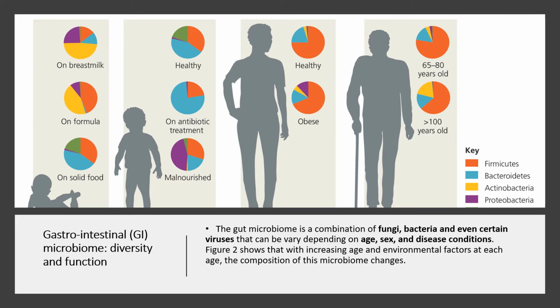The human gut microbiome is made of four phyla of bacteria. Two phyla, Firmicutes and Bacteroidetes, make up most of the bacteria, and the other two phyla are Proteobacteria and Actinobacteria. They function to regulate the immune system and development of intestinal tissue.